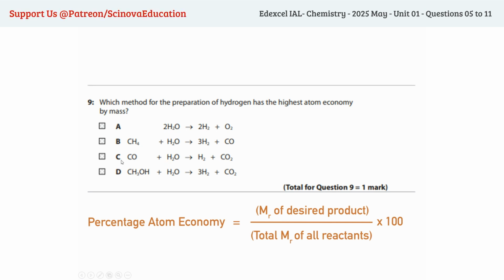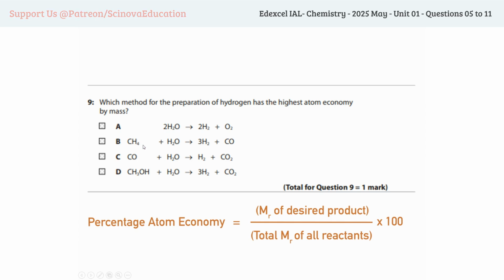If you look at option C, there carbon monoxide plus H2O is giving only one H2. That also is not a good option because the total mass of reactants is very high, but you are ending up with only one hydrogen. So out of A and B, you can see the mass of reactants are almost similar. In A, 18 plus 18, 2 water molecules.